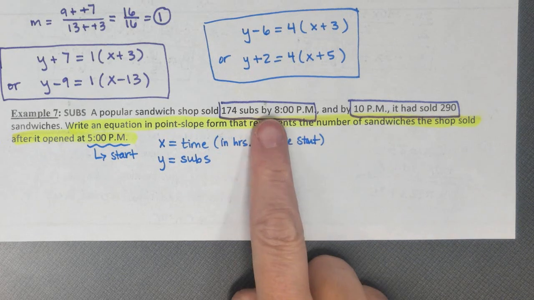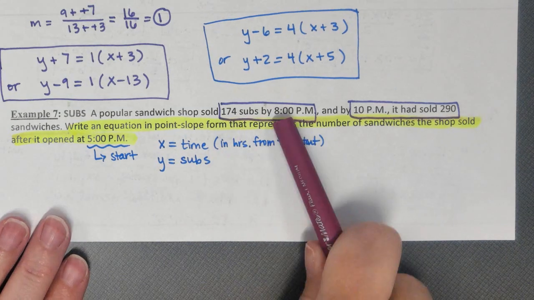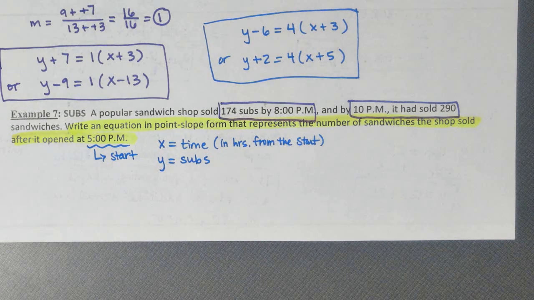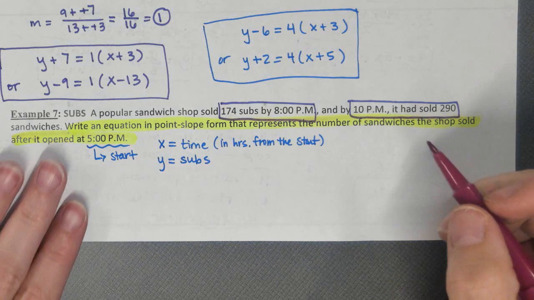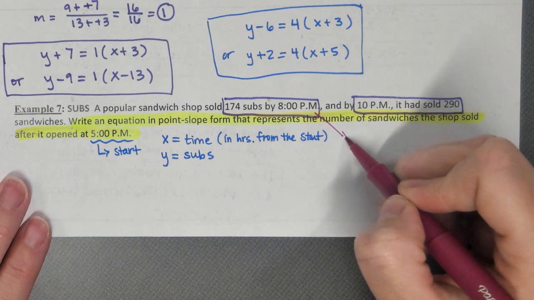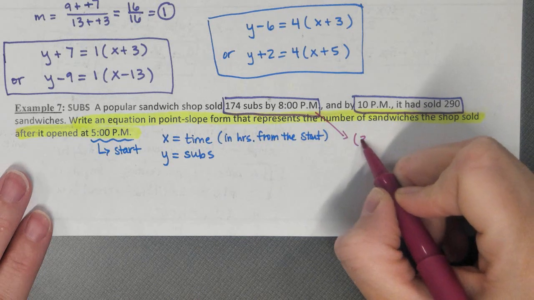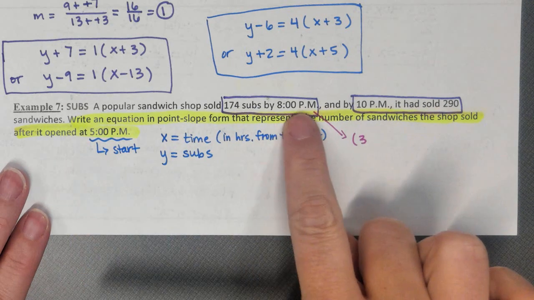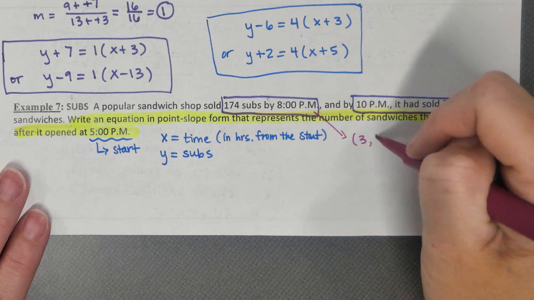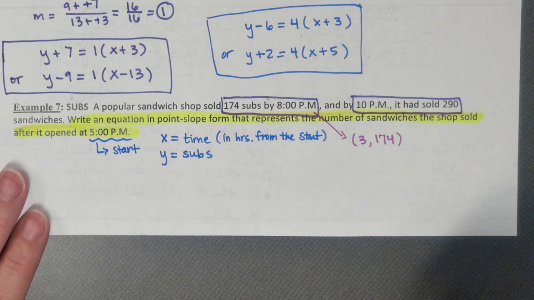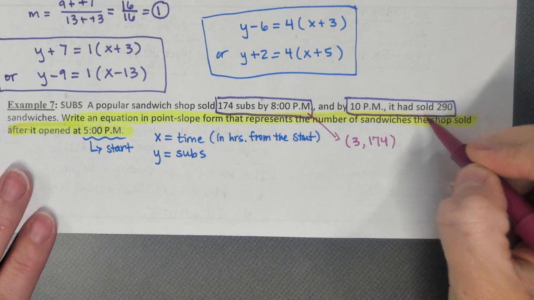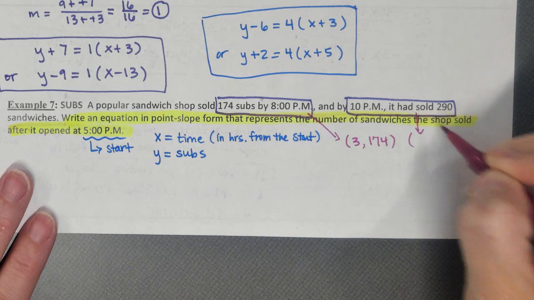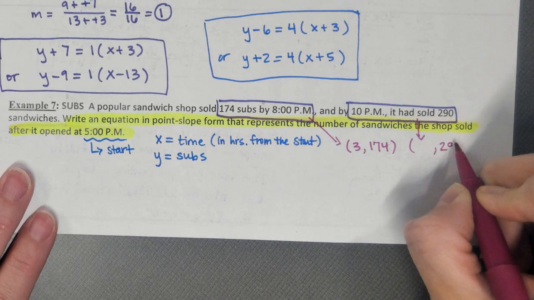All right, so then let's turn these into points. So 174 subs by 8 p.m. What would the time be for that? 3 hours, because it's since the start, right? So since 5 p.m., that would be in 3 hours they made 174 subs. And then by 10 p.m., how many hours did they have to make the 290 subs? 5.